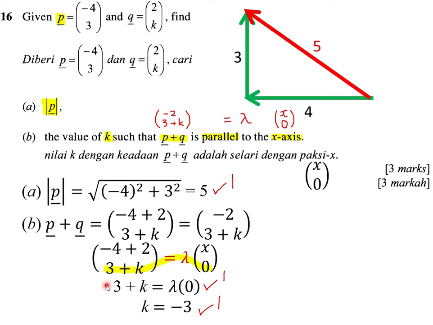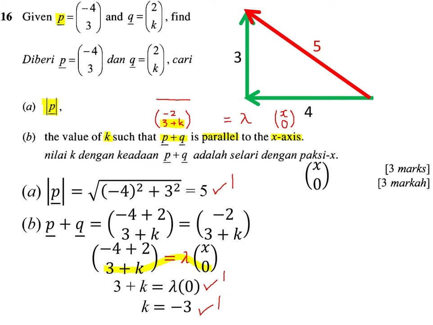So if you refer to the vector P plus Q, (-2, 3 plus k), in order to be parallel with the x-axis, this vector must also be a horizontal straight line vector. I repeat, because the x-axis itself is a horizontal straight line. So in order to make the vector a horizontal line, your y must be 0.